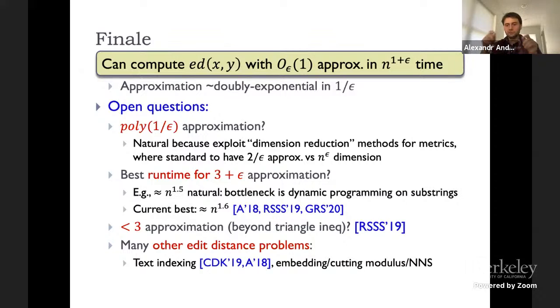Once you build the entire approximation to the dynamic programming table, you can compute shortest paths starting from different positions as well. This is why extending to text indexing is relatively easy. Thanks very much. But definitely, it's far from getting similarly strong results.